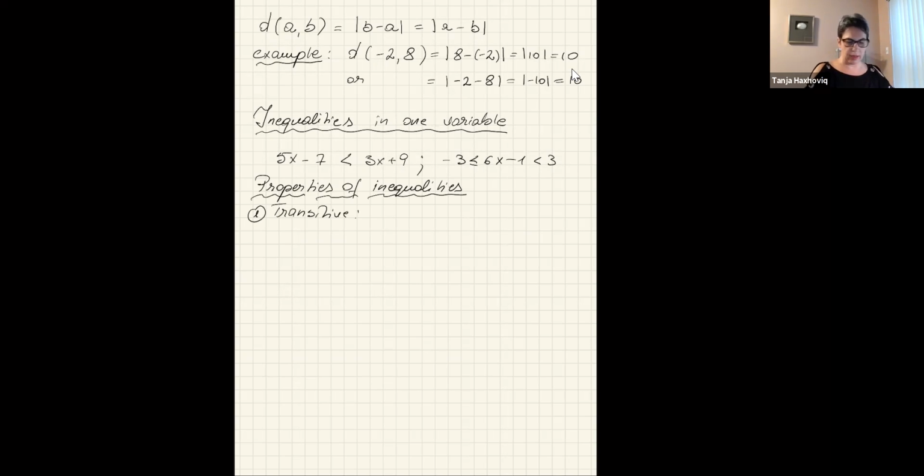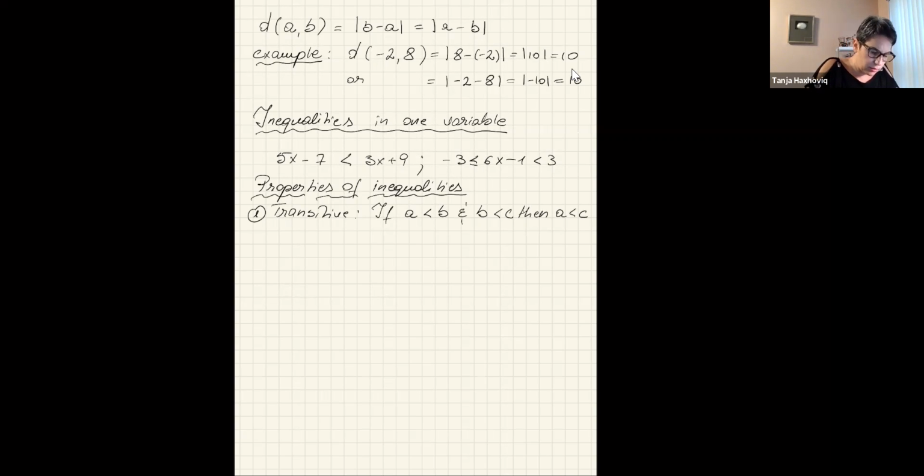Transitive property means the following. If some number A is less than some number B, and that same number B is less than some other number C, then number A must be less than number C.